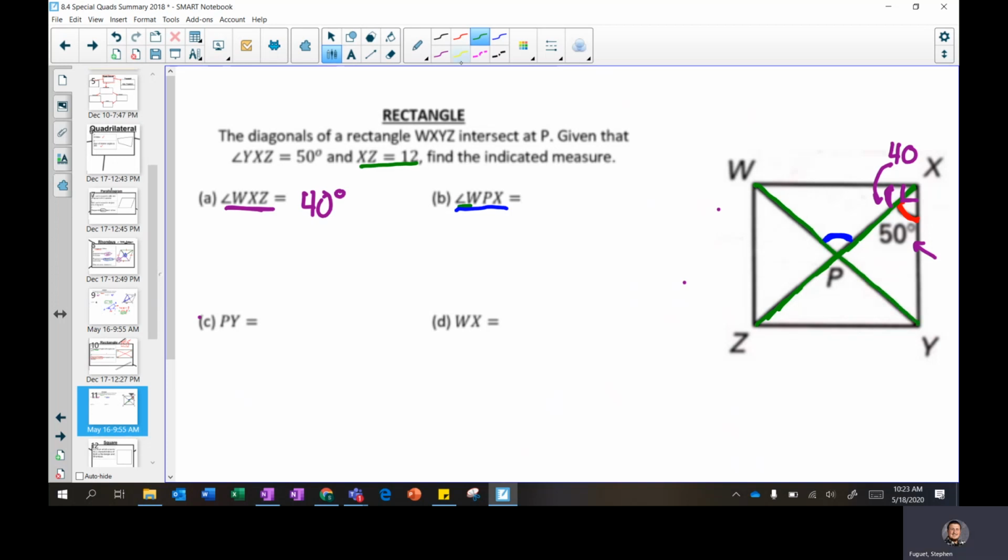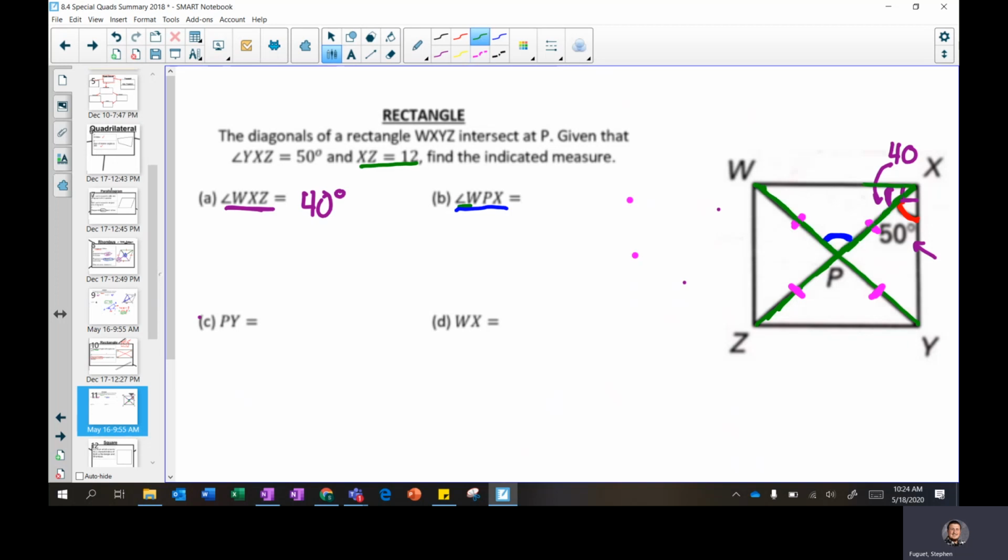In addition, and I'm going to do this in a pink color, we also know that diagonals bisect each other, and so these two are equal to each other. But that also means that because those green lines are equal, these two sides are also going to be the same, and because of that, what we create here is an isosceles triangle up top here.